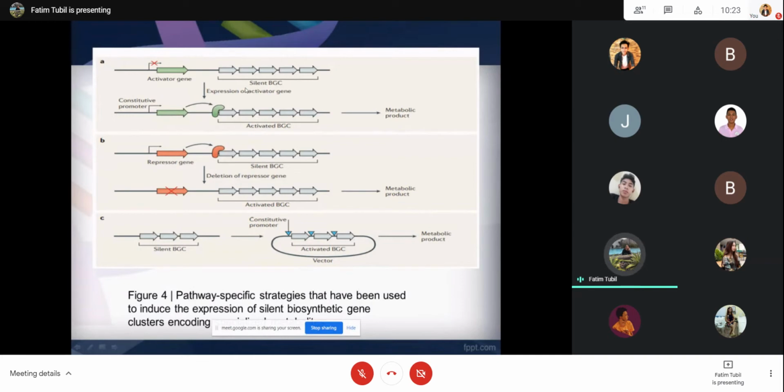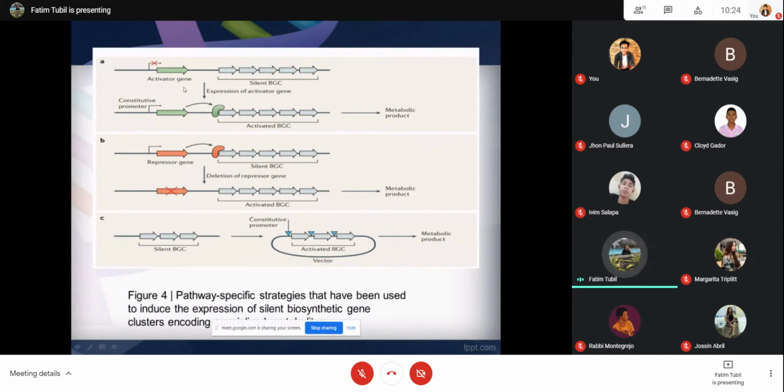These activator genes and repressor genes control specialized metabolites in biosynthetic gene clusters, and are used to activate silent biosynthetic gene clusters.